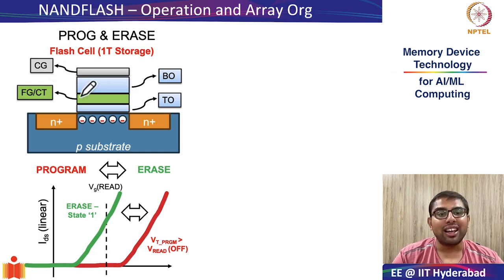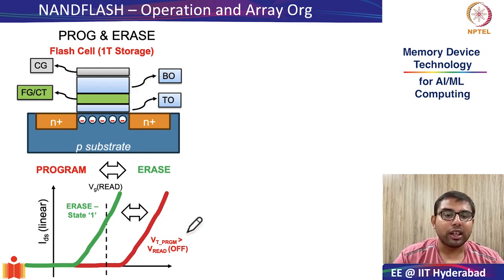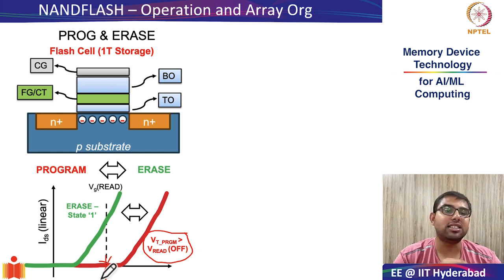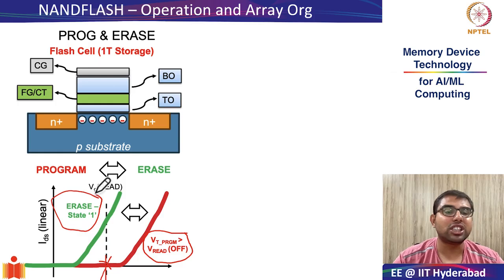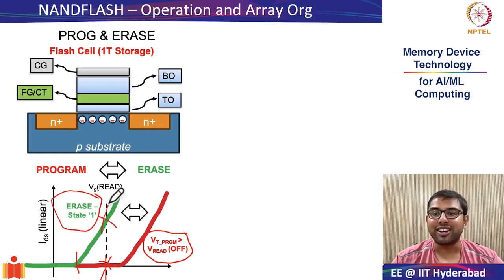So, when there were charges trapped inside the charge storage layer, the threshold voltage of the transistor was more than the read reference voltage, and therefore the transistor was off, and therefore program was called state 0. And when you removed the trapped charges from your storage layer, you went to the erase state, which is state 1. This is because the threshold voltage was lesser than the read voltage, and therefore the transistor was in on state.